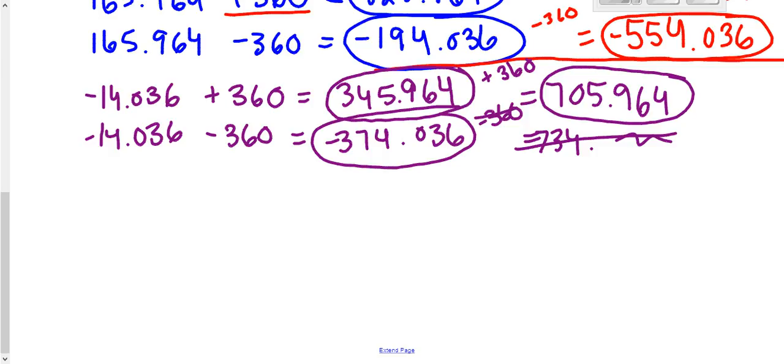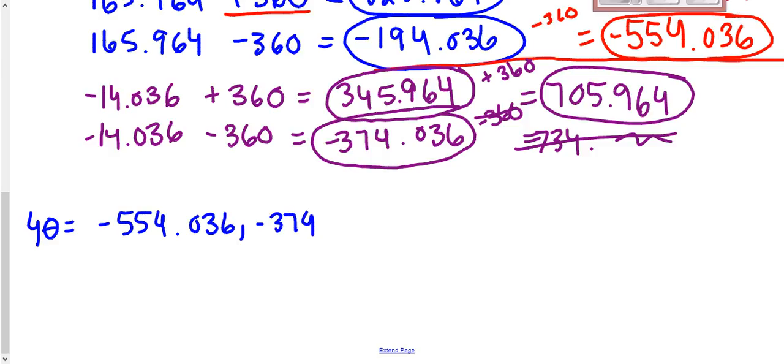So in total, we have 8 answers. So let's list them all out from smallest to largest. So the smallest one, 4 theta, equals negative 554.036. Then, if we look at our list, the next smallest is negative 374.036.